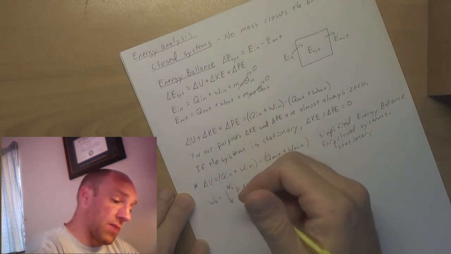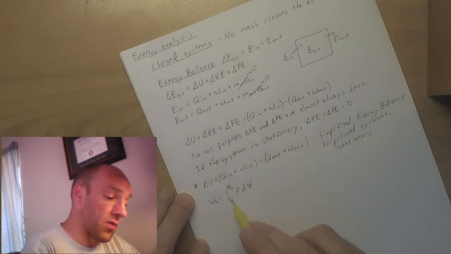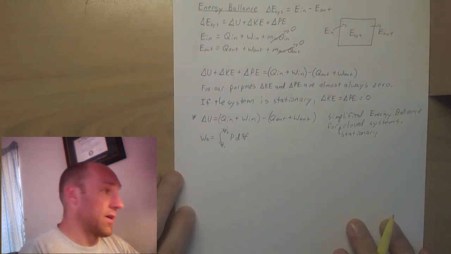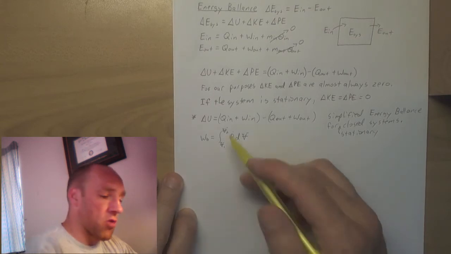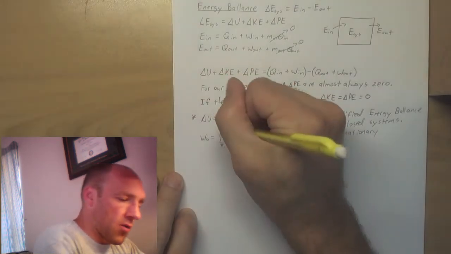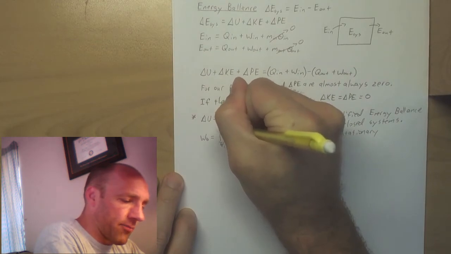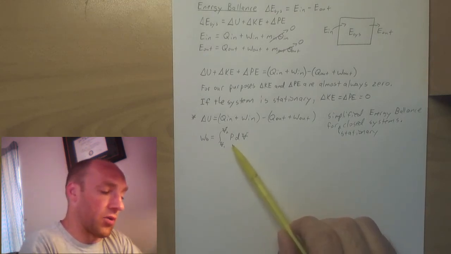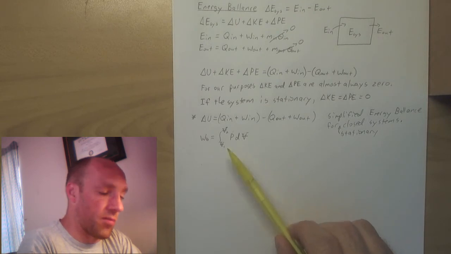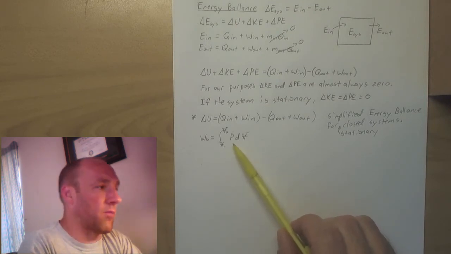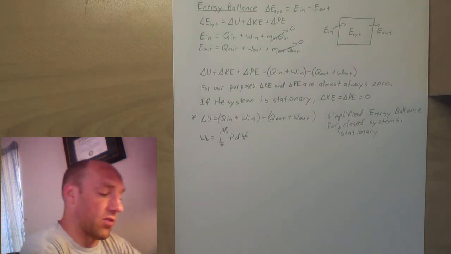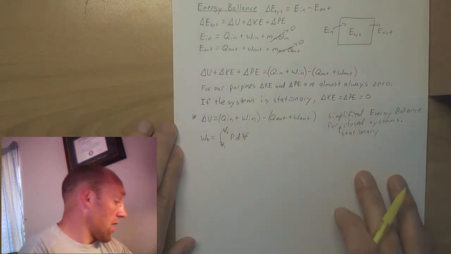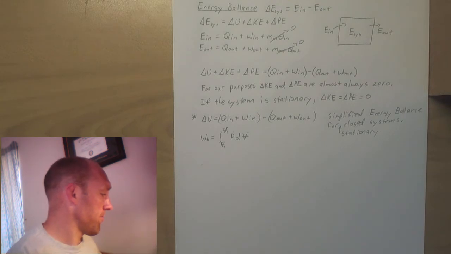So you need pressure as a function of volume in order to calculate that integral. Most of the time, pressure is constant, or there are going to be some simplifying assumptions available to you in order to calculate this integral, like constant pressure, or maybe I give you pressure as a function of volume immediately, or something to that effect. Okay, and that's pretty much it. That's the only thing of any special interest.